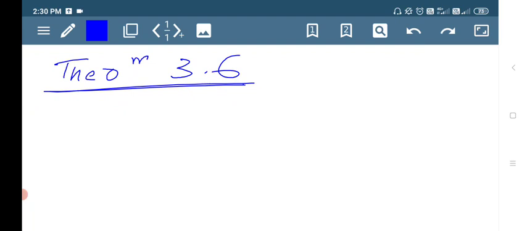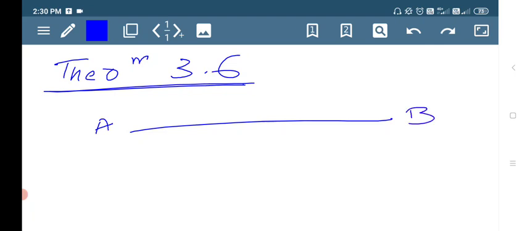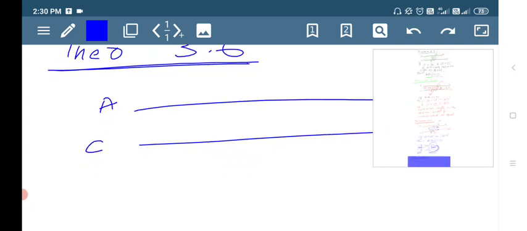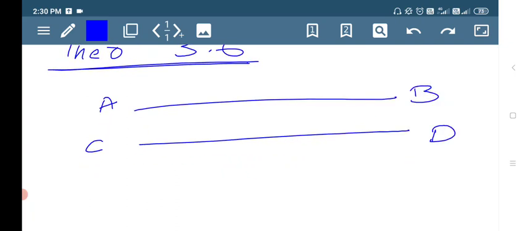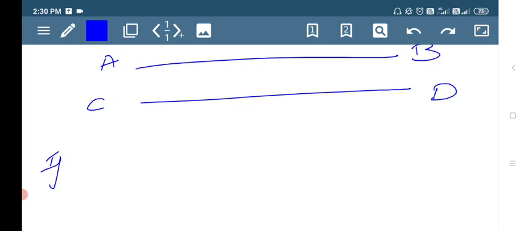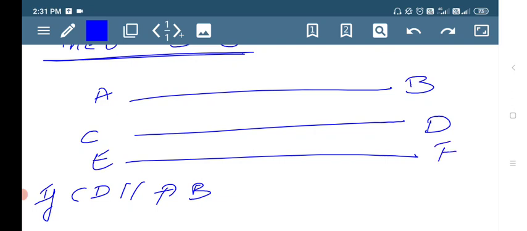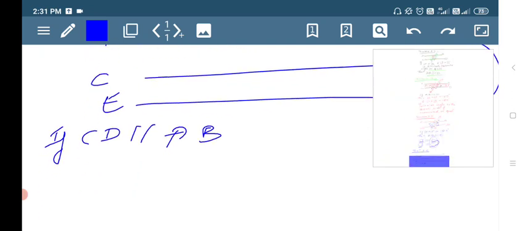Let us assume there is a line AB, and another line CD which is parallel to AB. Let us have one more line EF, which is also parallel to AB.